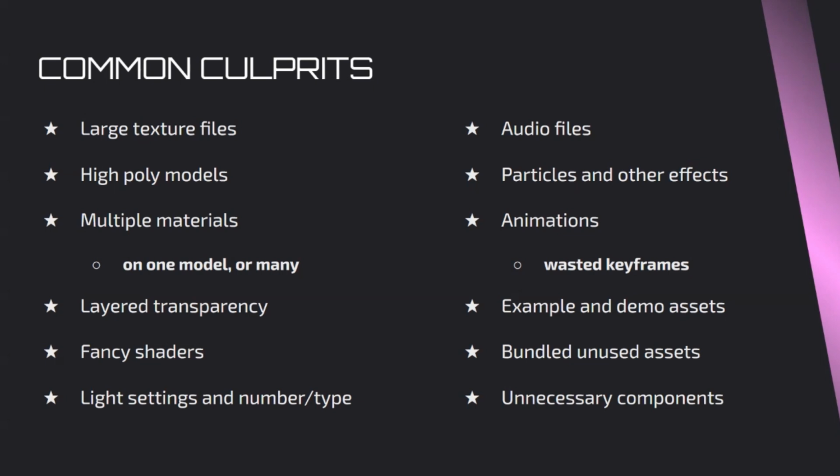common culprits. Layered transparency is like if you have, let's say, a bush model, and it has opaque parts and transparent parts. A lot of trees and bushes are a single texture map with the wood part and leaf parts, and then they're cards layered on top of each other.